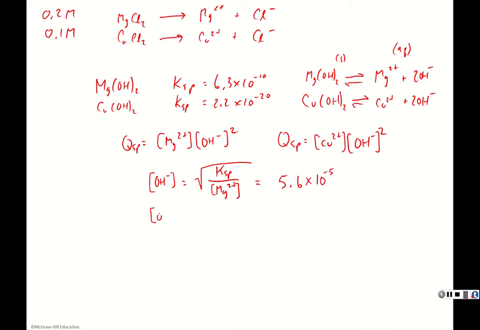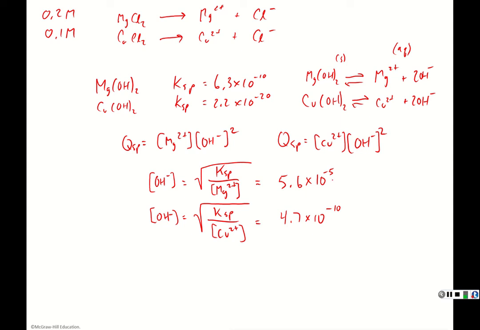And when we do that for copper, we get 4.7 times 10 to the minus 10. So what are those? Those are the maximum OH minus concentrations that you can have that will not precipitate out any of the metals in question.